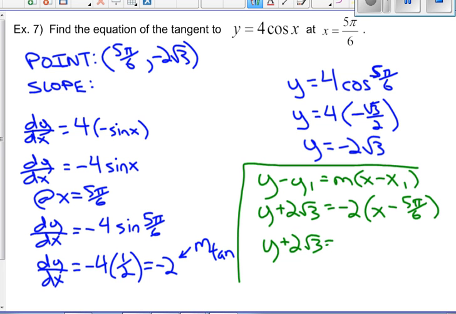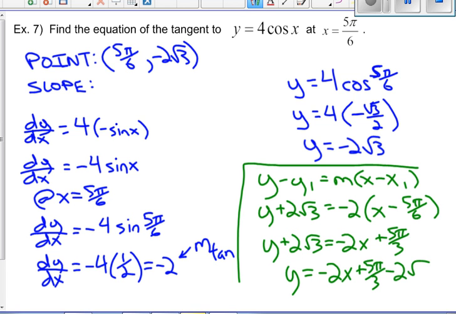So that's going to be negative 2x plus 5 pi over 3. Or y equals negative 2x plus 5 pi over 3 minus 2 root 3. If you were to draw those two using a graphic package, it really would look like the tangent.